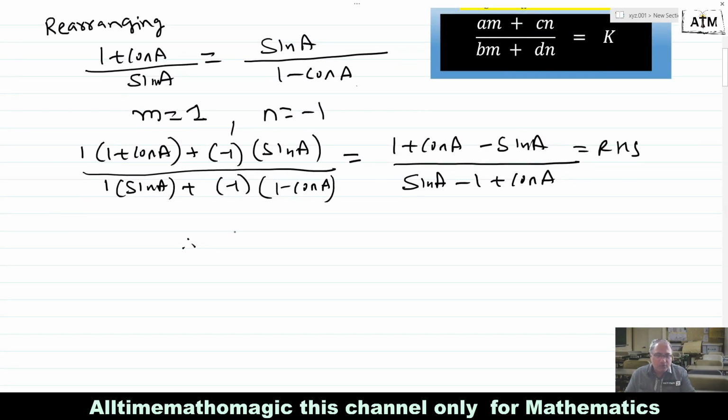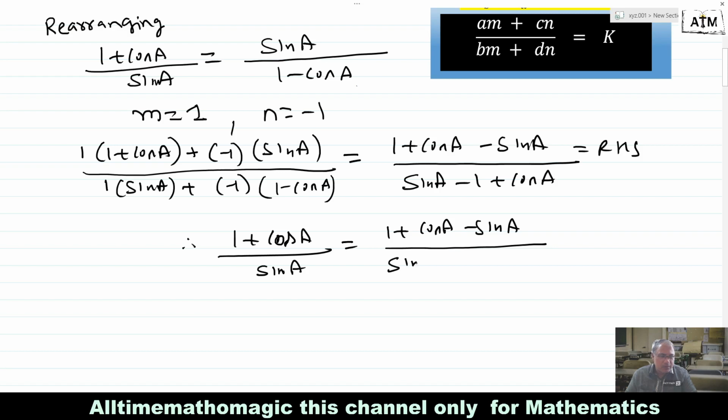Therefore 1 plus cos A upon sin A equals 1 plus cos A minus sin A upon sin A minus 1 plus cos A. Therefore LHS equals RHS, proved.